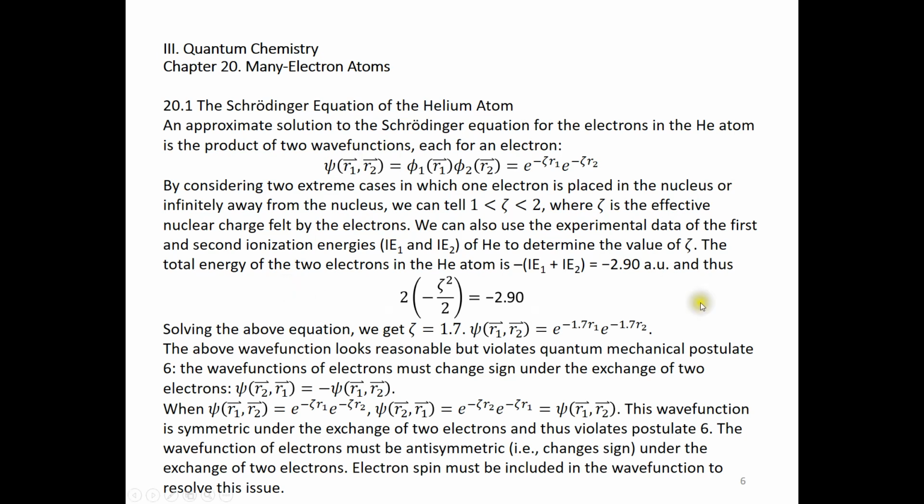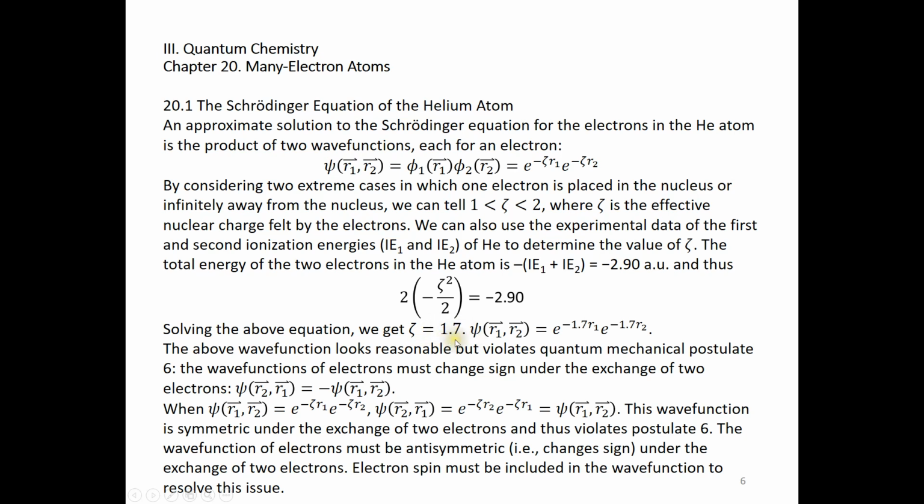And now we're going to calculate the effective nuclear charge. If you have a one-electron system with an effective nuclear charge of zeta, the energy is negative zeta squared over 2. Now we have 2 of such electrons, so 2 times this energy is equal to negative 2.9. We solve this equation and get zeta equals 1.7.